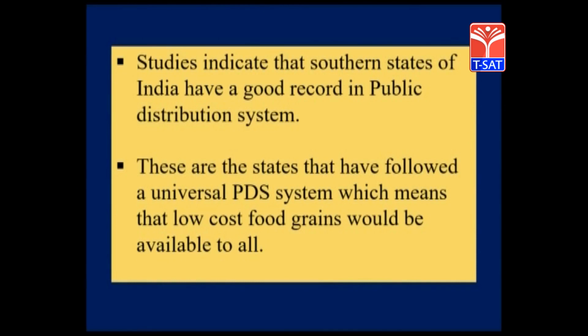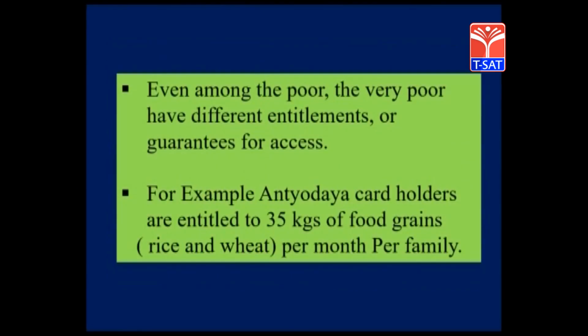Children, even among the very poor people, some have been identified and given different entitlements so that better access to food could be ensured. Means the food should be reachable, guaranteed food to those people, more than the common poor people.